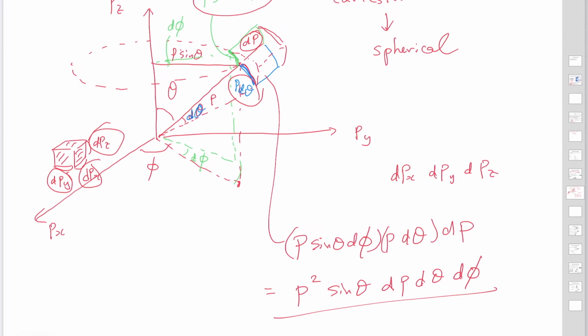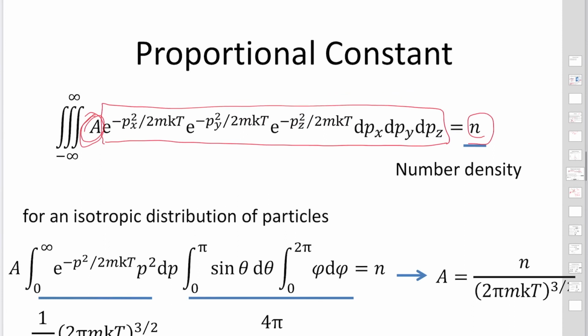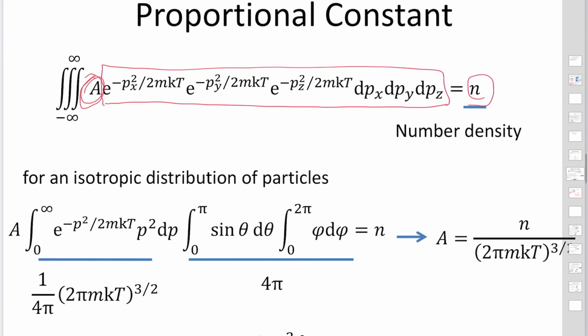Then we'd like to return to the equation. As I explained, this integral can be changed to p squared sine theta dp d theta d phi, that is, p squared dp, sine theta d theta, d phi.